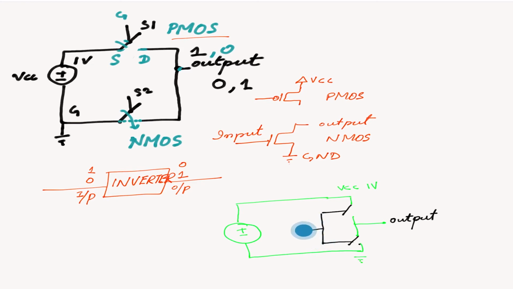So let's see if we can change these switches in a way that when, let's say, we have 0 here, we connect another signal here, which can produce 0 and 1, meaning 0 volt or 1 volt.